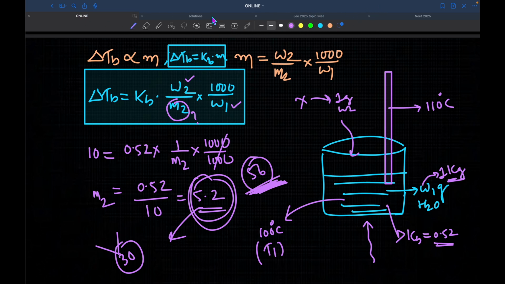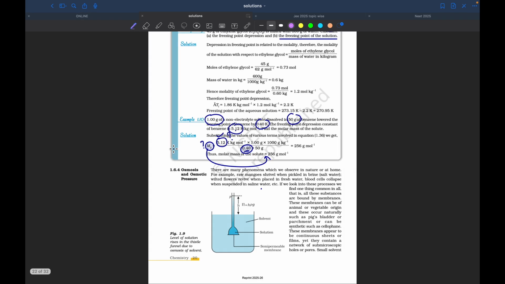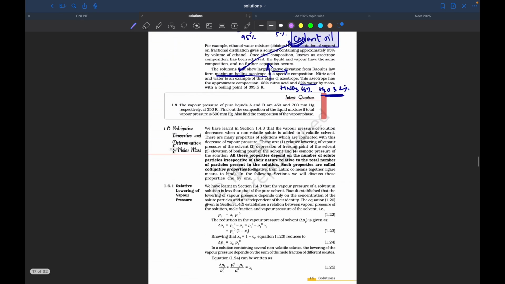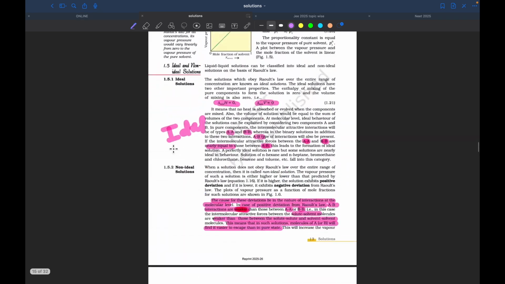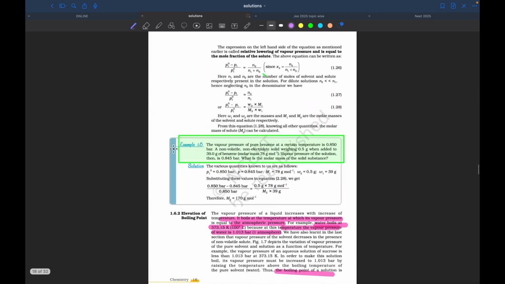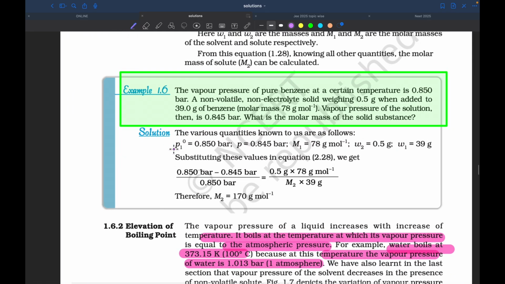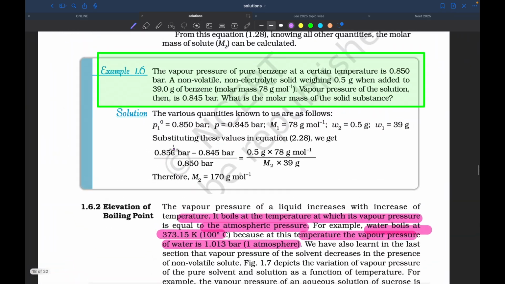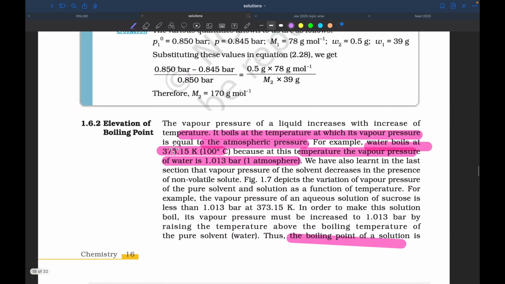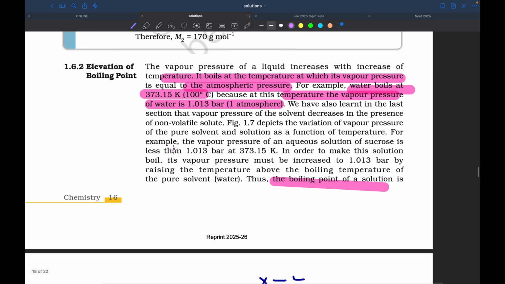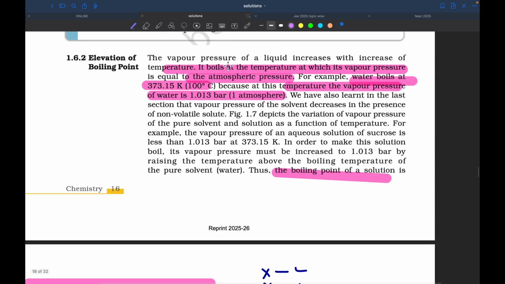Okay, so we'll go to our NCERT and try to read this. The vapor pressure of a liquid increases with increasing temperature.